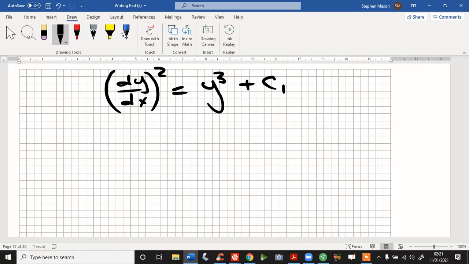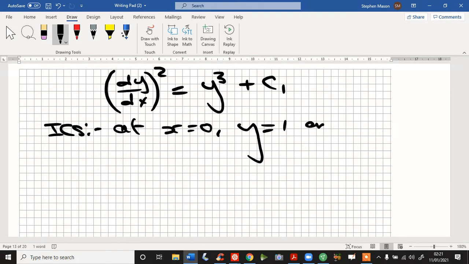Now, we're not finished because we want to find a solution for y in terms of x. But before we do that, we have to substitute in the initial conditions. So the initial conditions state that at x equals 0, y equals 1, and y prime equals dy by dx equals 1 as well.